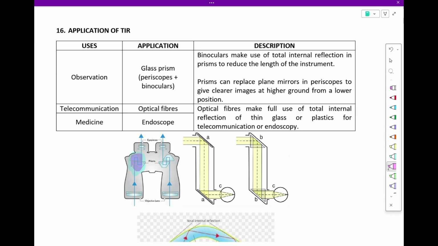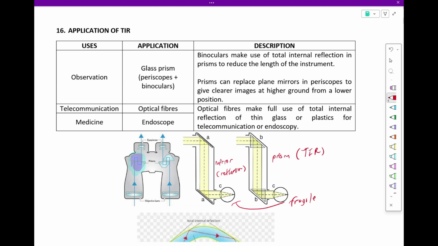Okay, and likewise, if you compare, this is using a mirror, this is using a prism. So the prism uses TIR, and the mirror just uses normal reflection. So basically, if you compare these two, this fella here is fragile.